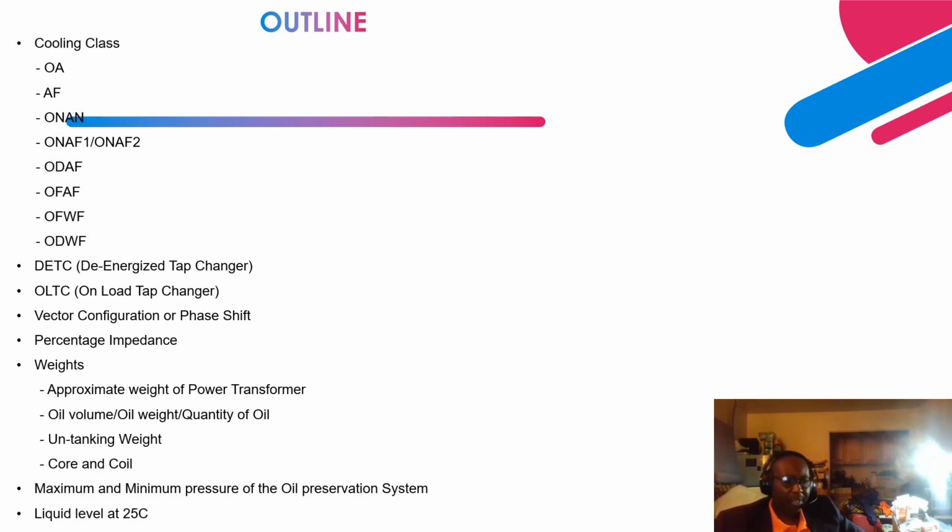Next is the vector configuration, or the phase shift. A typical example of a vector configuration is Dyn1. Capital D means that the high voltage side winding is connected in a delta configuration, and the low voltage side is a Y that is grounded.